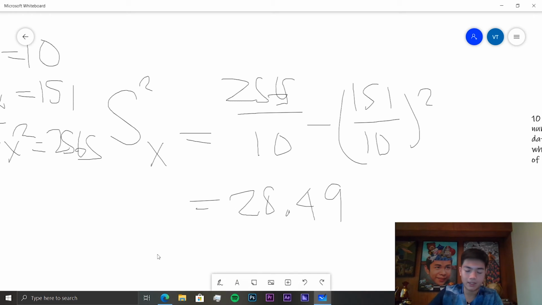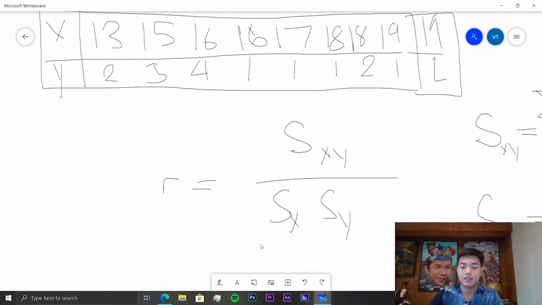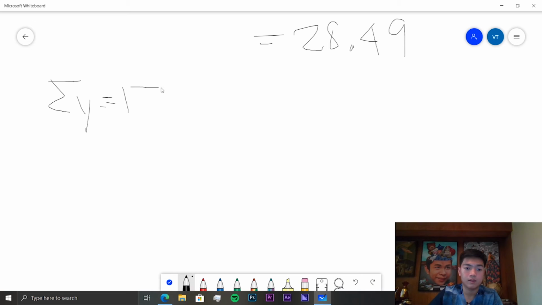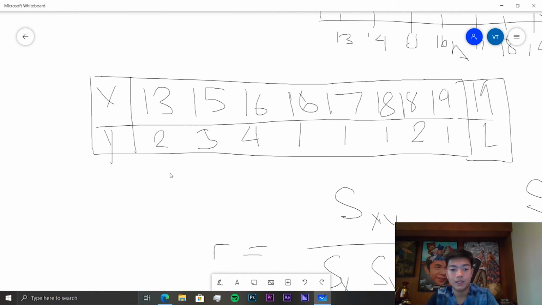Now let's do it for the y values. Again, number of terms 10, so the sum of the y values is equal to 2 plus 3 plus 4 plus 1 plus 1 plus 1 plus 2 plus 1 plus 2. So it's equal to 17. And the sum of the y squared values is equal to 4 plus 9 plus 16 plus 1 plus 1 plus 1 plus 4 plus 1 plus 4.